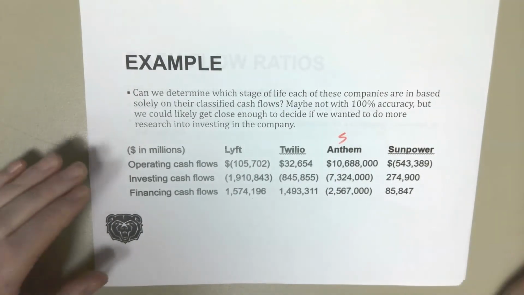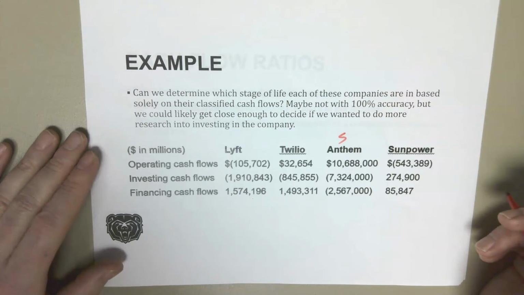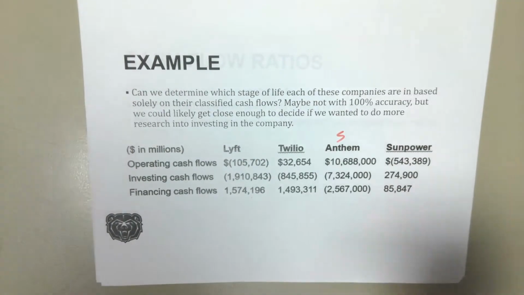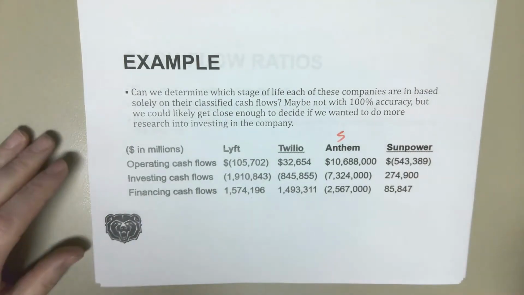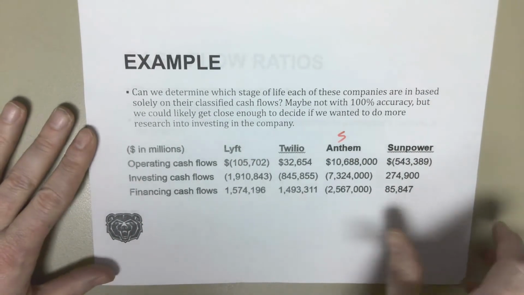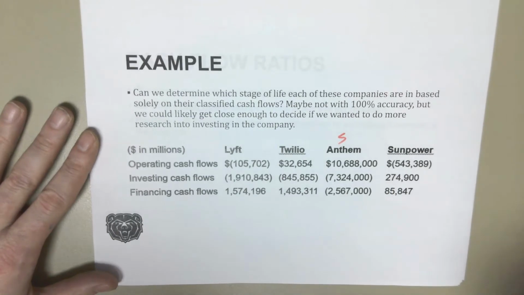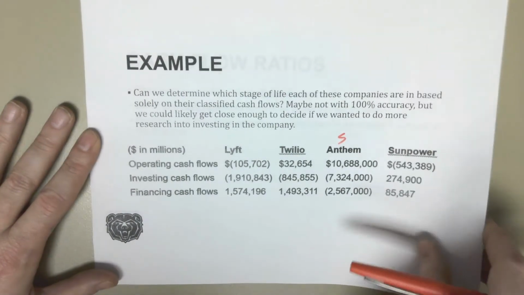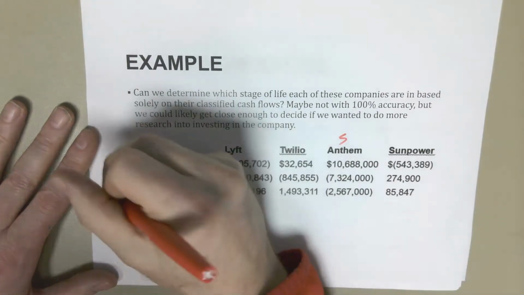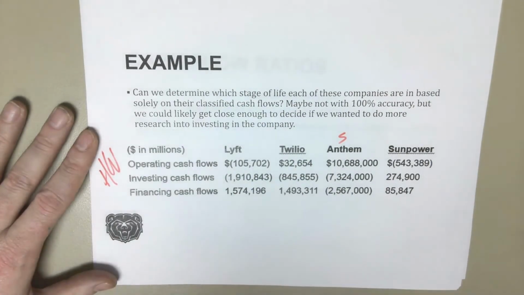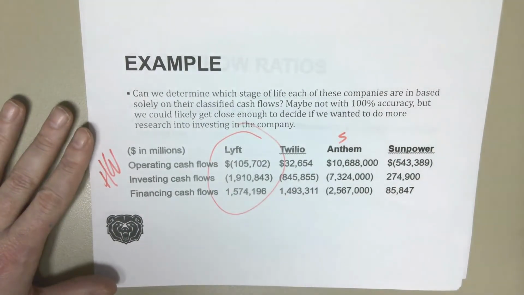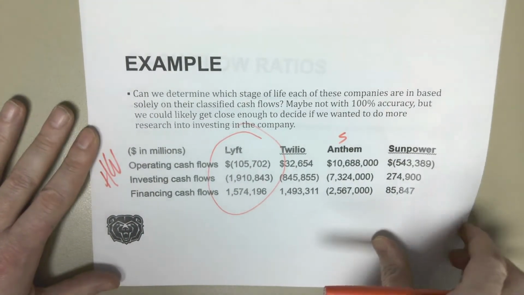Lyft has got a negative, negative, positive. Okay? They're probably in a startup state. Right? So you can look at these, and maybe not with 100% accuracy, but with enough accuracy that you could go do some additional research and make some decisions from that research. Okay? So this is going to be very similar to your homework. You're going to have a question that says, hey, this company here has these kinds of cash flows. What state is it in?